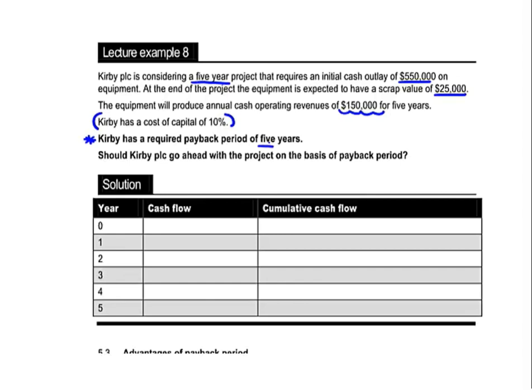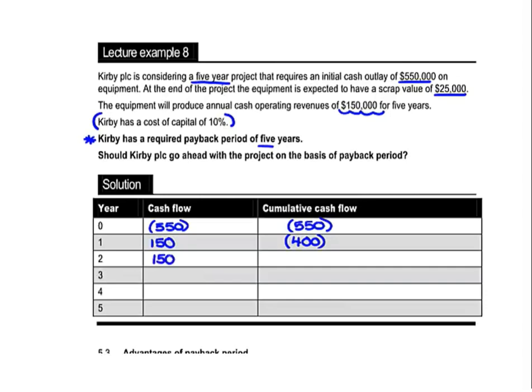So the best way to decide if something should be undertaken based on payback is to set up a little table and look at the cumulative cash flows. Initially we're going to spend $550,000 on this equipment, and the cumulative cash flow will be negative $550,000. In year 1 there will be an inflow of $150,000, so the cumulative position will be negative $400,000.